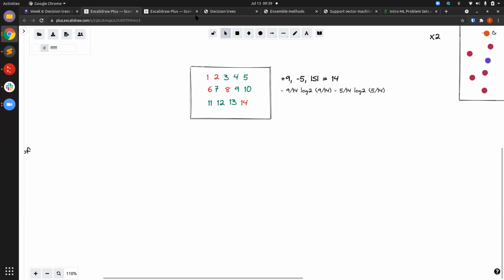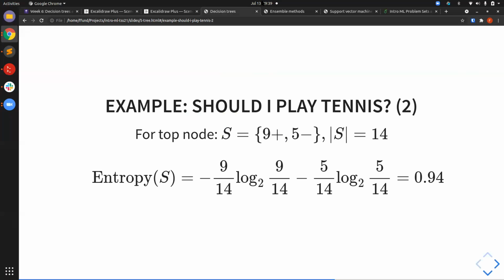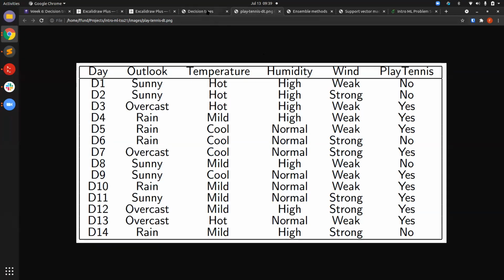Now I need to evaluate possible splits. What are the possible splits? Here's my data, a little easier to see this way. My possible splits are on outlook, on temperature, on humidity, or on wind.